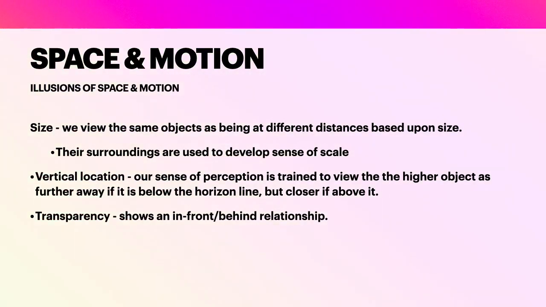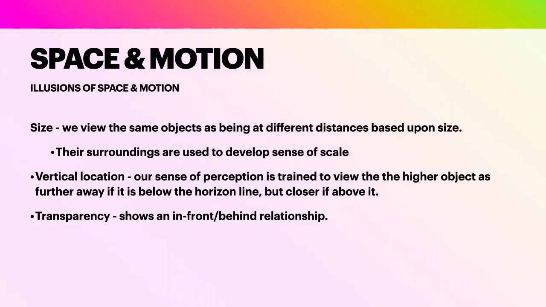Now your illusions of space and motion. So with size, we can view the same object as being at different distances just simply based upon its size. Their surroundings are usually used to develop a sense of scale.